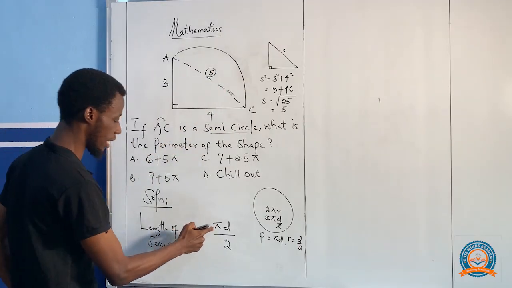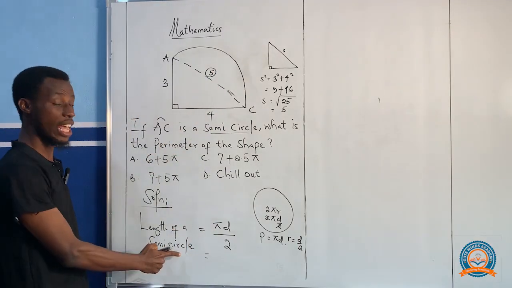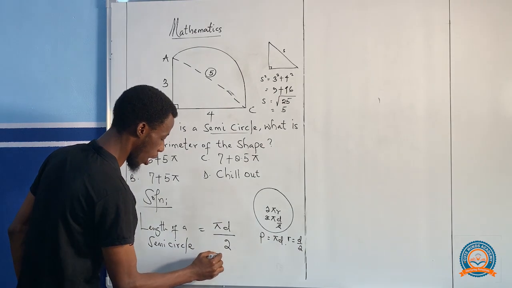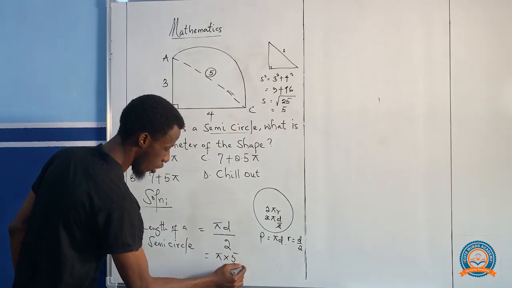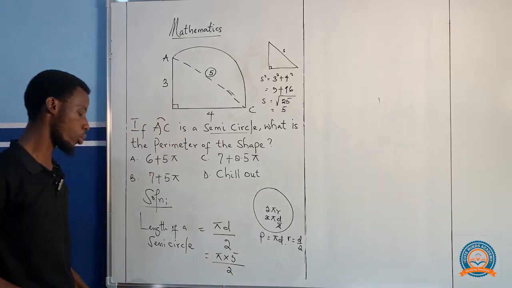So we can say that the length of the semicircle is now pi multiplied by the diameter, which we got as 5, all divided by 2.